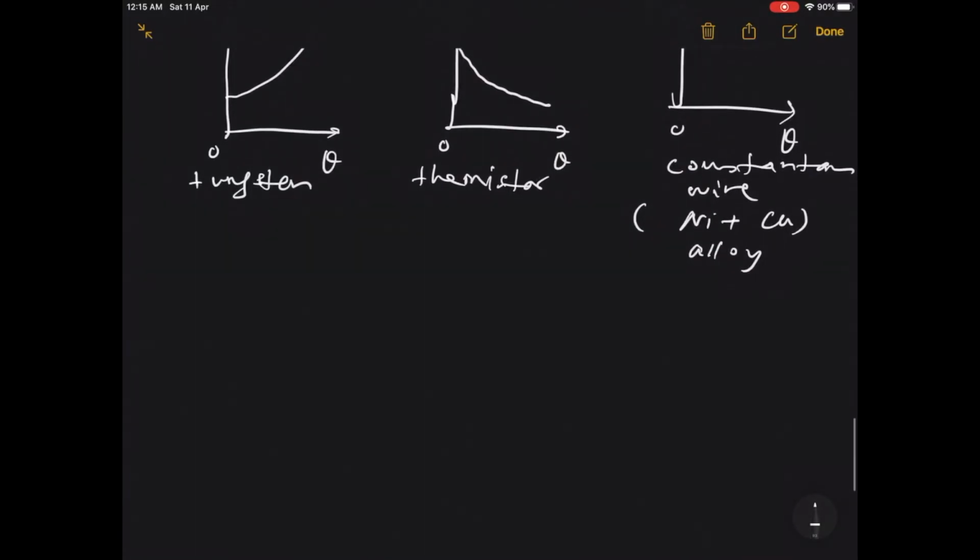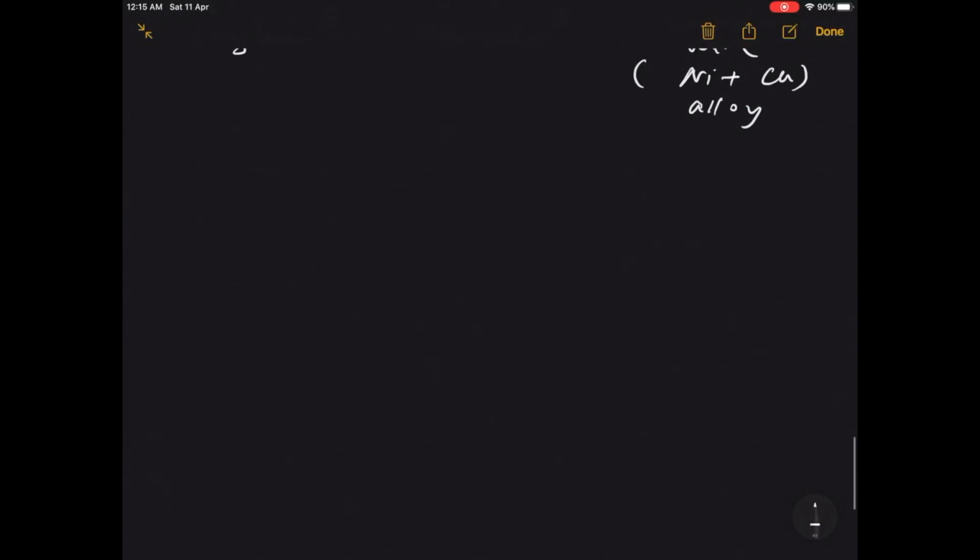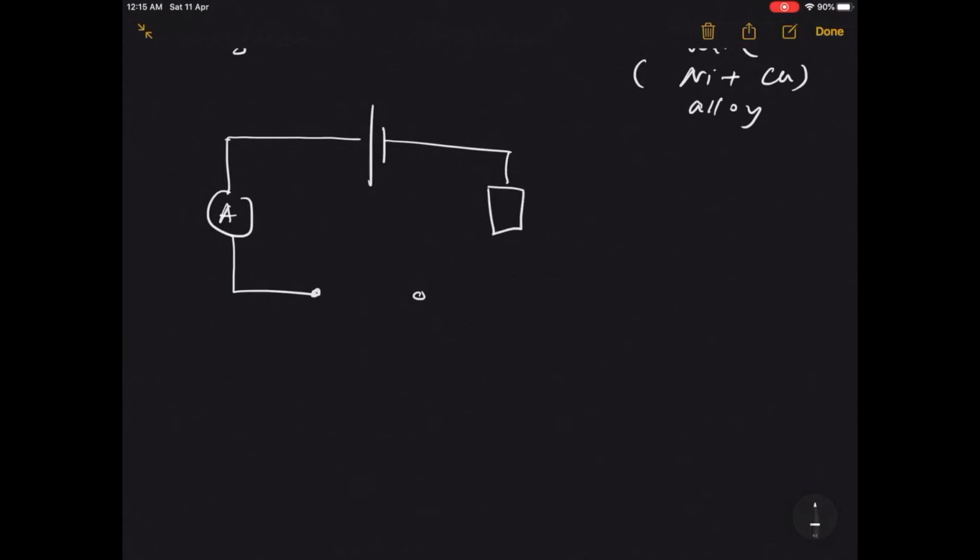Now, the last one, Ohm's law. To verify Ohm's law, you need to carry out a simple experiment where you need the ammeter to read the current, and you need a rheostat to vary the current or to vary the voltage, and your specimen should be connected between the 2 points.